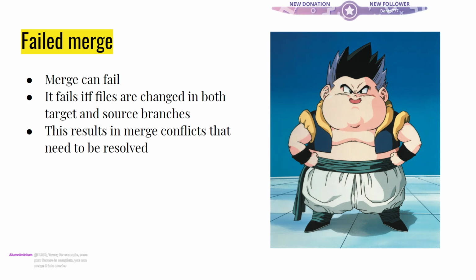So a merge can fail if, after you merged from the source branch, you made changes, and the source branch also had changes after the merge, on the same things that you both worked on.